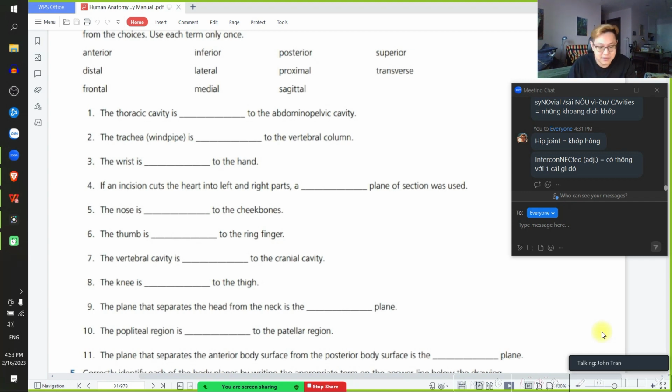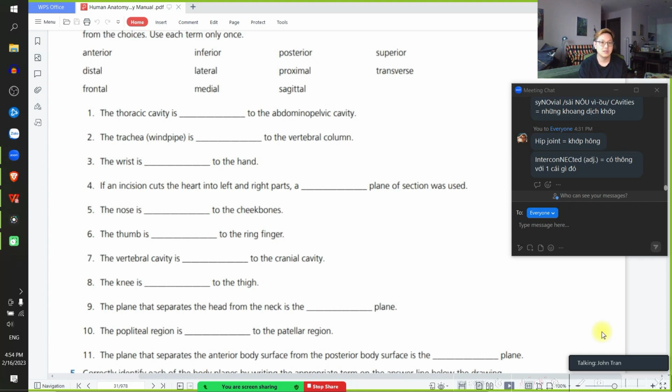Number one, the thoracic cavity is something to the abdominal pelvic cavity. It lies above. So it's superior to the abdominal pelvic cavity.